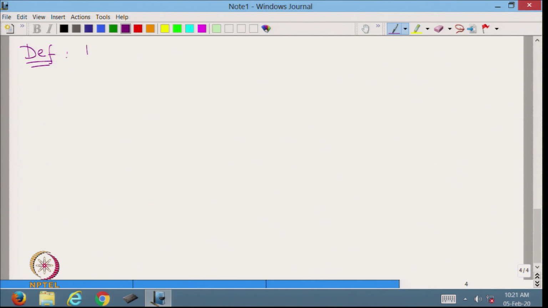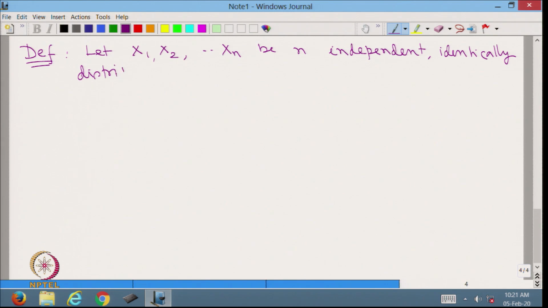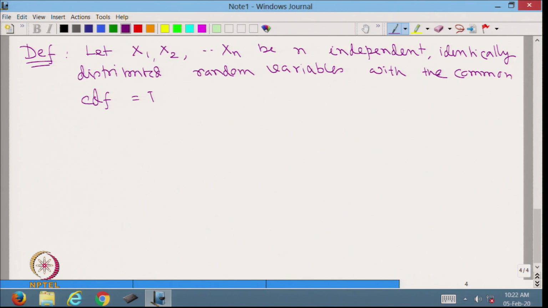So, definition: let x1, x2, ..., xn be n independent and identically distributed random variables with the common CDF, the cumulative distribution function, equal to F(x) and PDF equal to small f(x).